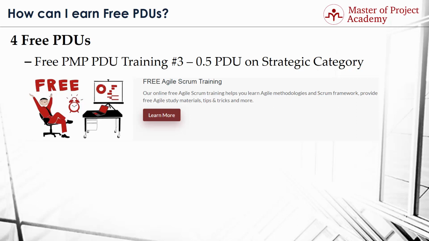These are Scrum, test-driven development, pair programming, etc. You will learn the basics of Agile principles, Agile Manifesto, and also the frameworks and methodologies in this free course. You will earn 0.5 PDU for strategic category once you've completed this course. You can find the link of this free PMP PDU training in the description area of the video.